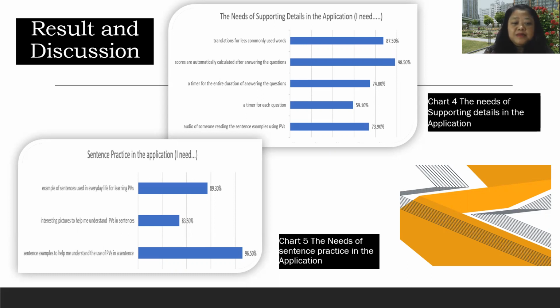And also examples of sentences in everyday life, which means they need something connected with their life, easy for them to understand. Then the last one is interesting pictures. Pictures can support them in learning PV interestingly, and they can have fun.